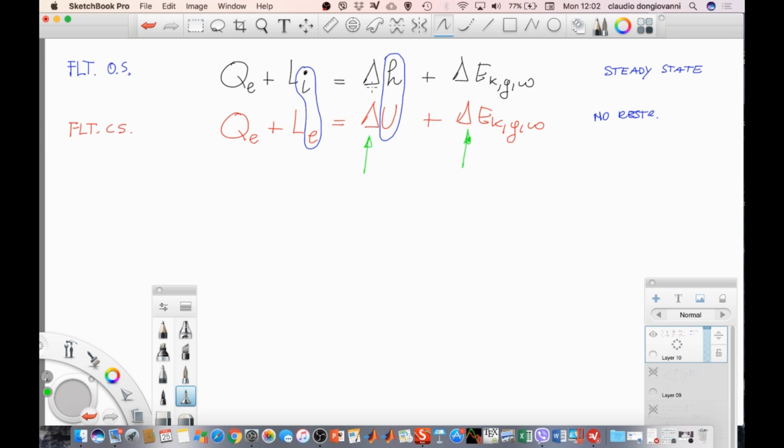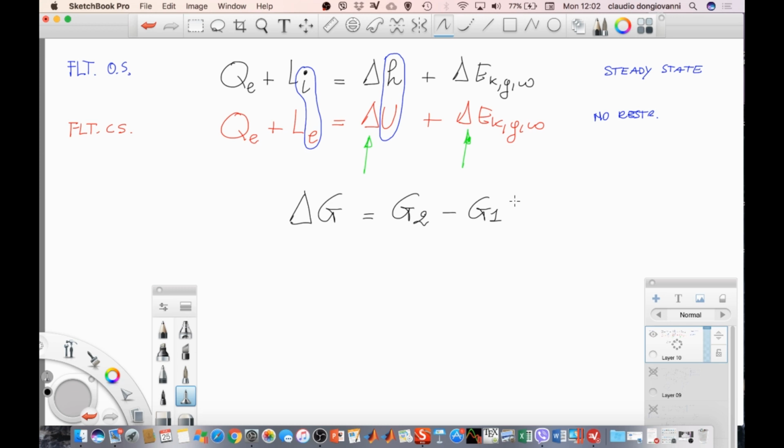Perfect. I'll write it. Delta of the general quantity G usually we say G2 minus G1. Generally speaking.